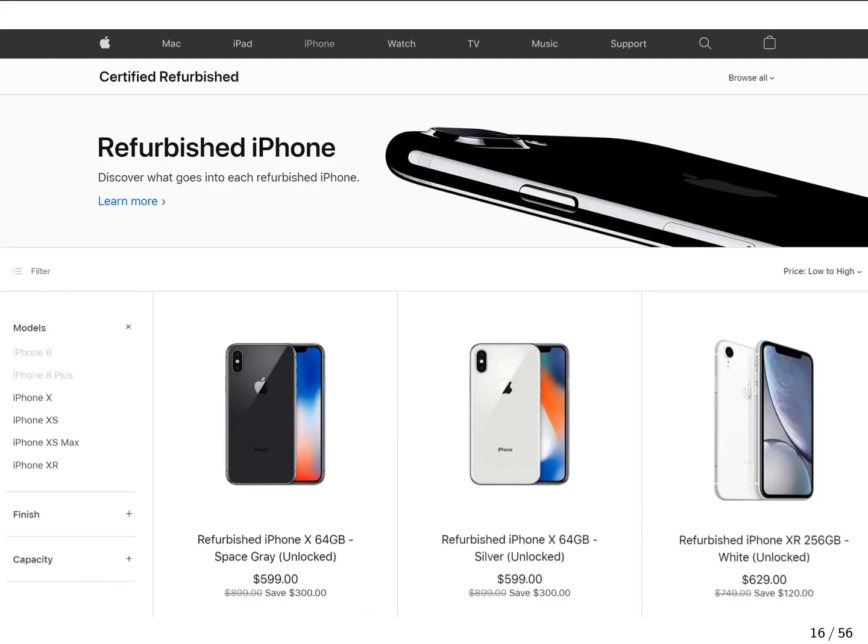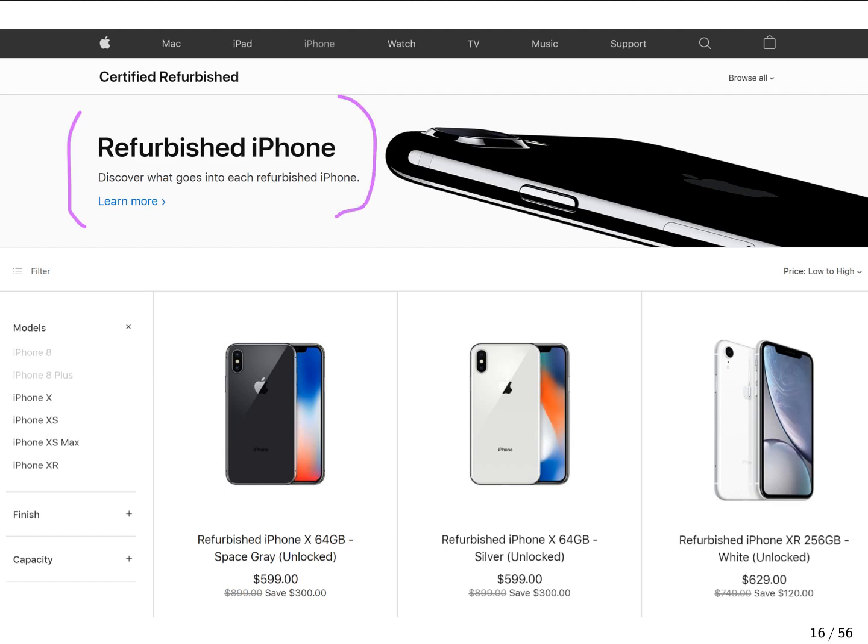Okay, so you could also see that not just in the used car market, but in the iPhone or iPad market as well. Right? So for example, if you go to the website of Apple, you can find a section where they sell not just new iPhones, but refurbished iPhones.